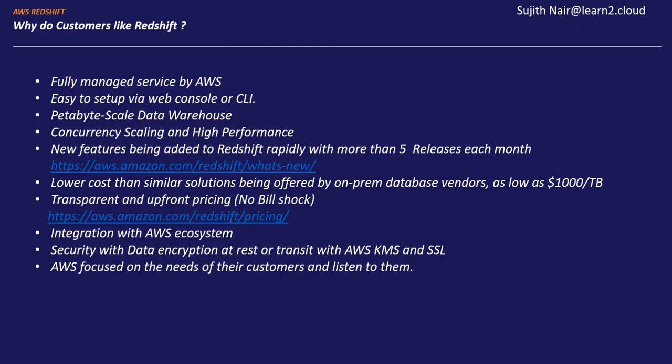So what Amazon has done with its pricing process is make what is known as transparent and upfront pricing. What that basically means is that right before you even take the service, right before you set up the cluster, you know exactly what you're going to pay, and that information is available here, amazon.com/redshift/pricing.